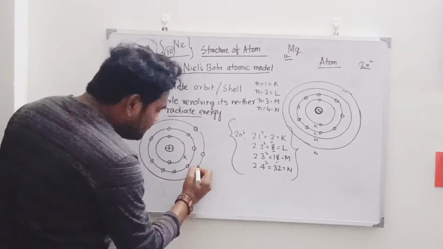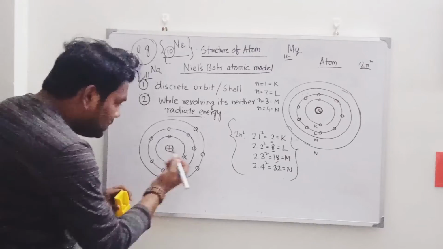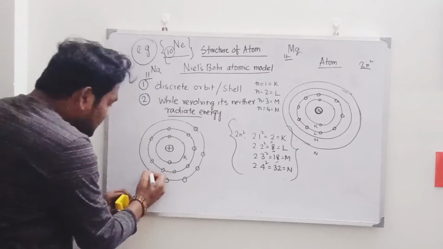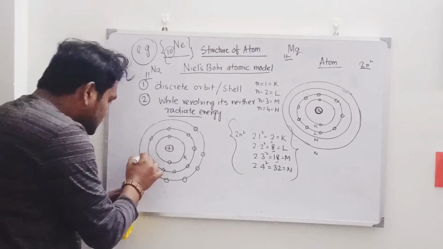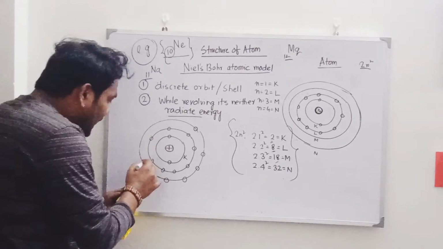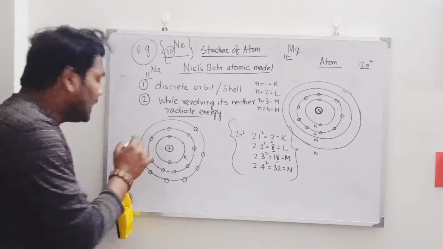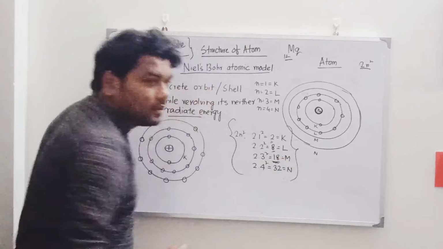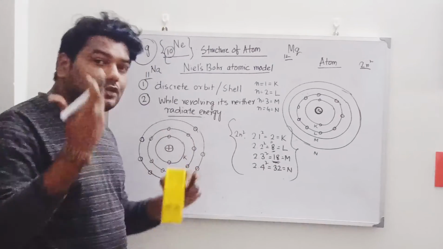For aluminium, that is 13, M shell. Silicon 14, phosphorus 15, sulfur 16, chlorine 17, and argon 18. So 18 is complete.